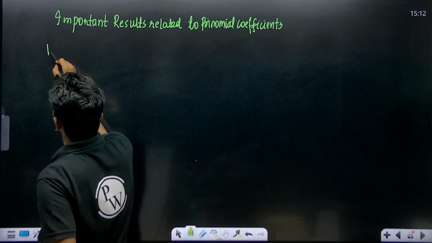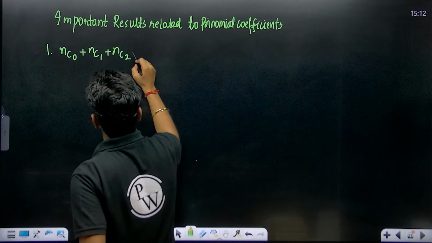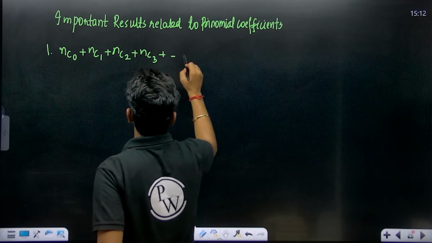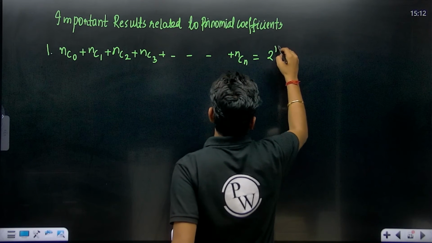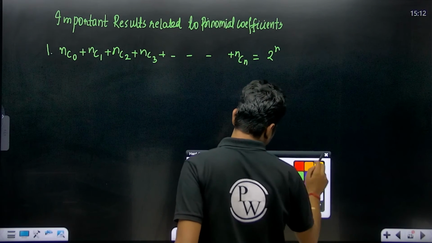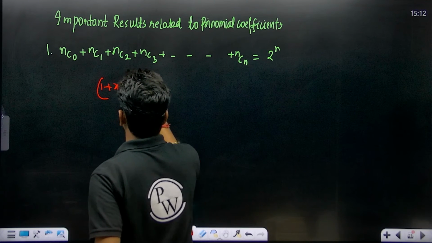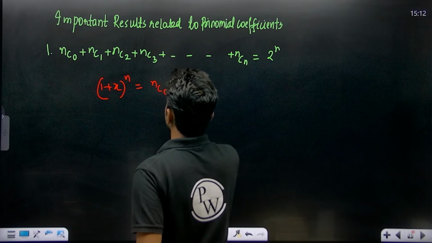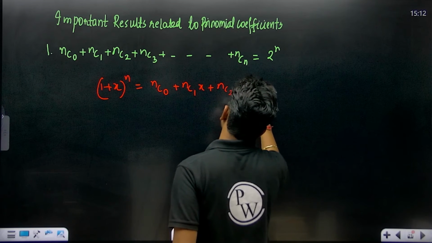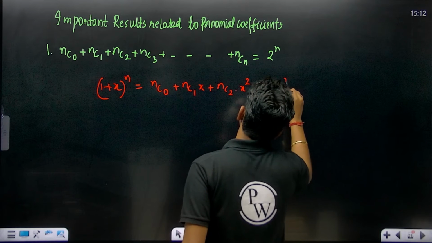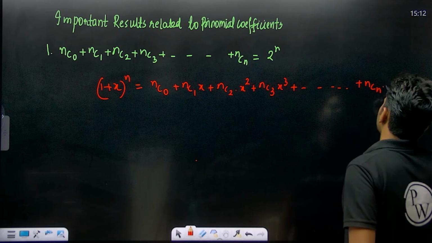Number one: nC0 plus nC1 plus nC2 plus nC3 till nCn is equal to 2 to the power n. The proof of this lies in this particular formula: (1 plus x) to the whole power n is equal to nC0 plus nC1 x plus nC2 x squared plus nC3 x cubed and so on till nCn x to the power n.